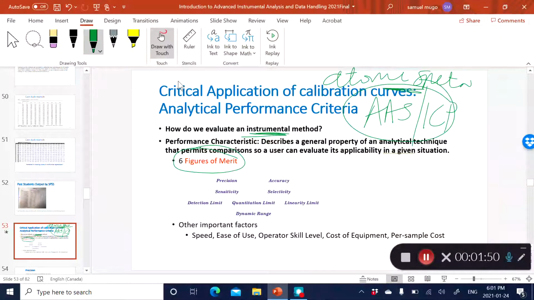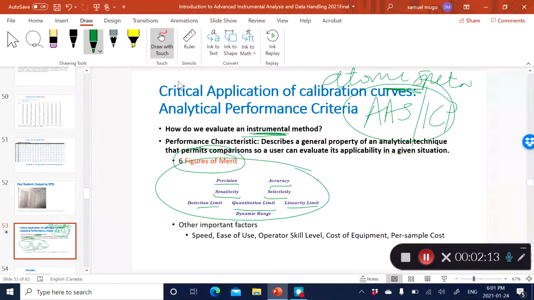So the six important and often quantitative figures of merit include precision, accuracy, sensitivity, selectivity, quantification limit, limit of detection, limit of linearity, and dynamic range.